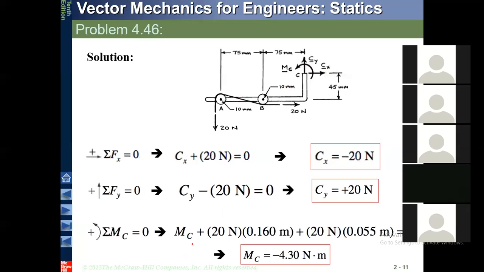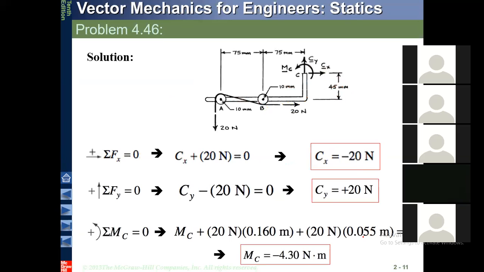So MC plus 20 times 0.16 meter. You have 10 millimeter radius here, and also you have 45 millimeter from line AB to C. I'm taking the distance from point C to line AB, so it would be 45 plus 10, it would be 55.